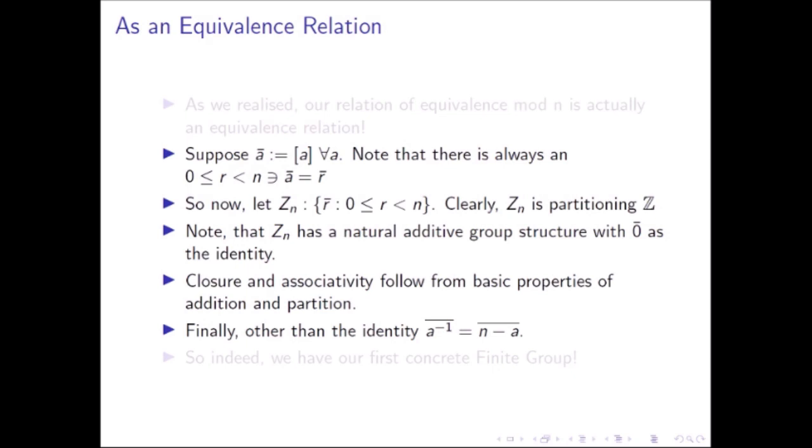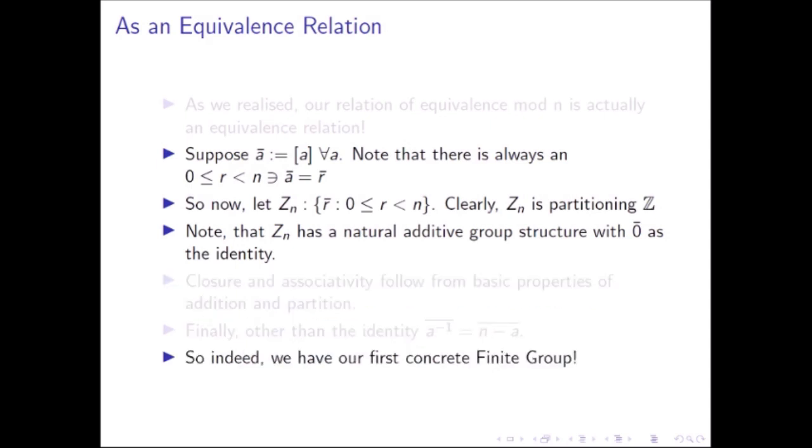So bar a plus bar n minus a is the same as bar n minus a plus bar a, as our operation here is commutative. So we have an abelian group and it's finite, right? It has only n elements. So we have our first concrete finite abelian group. This is an achievement, so using some standard sets we can achieve some finite groups as well.